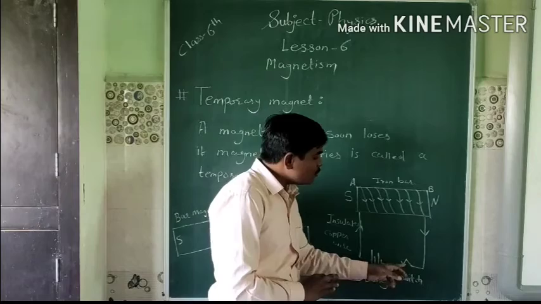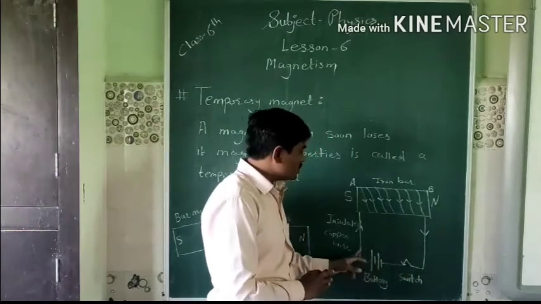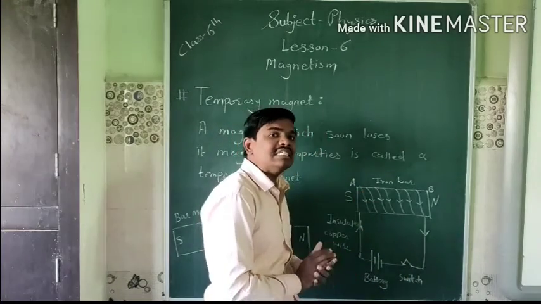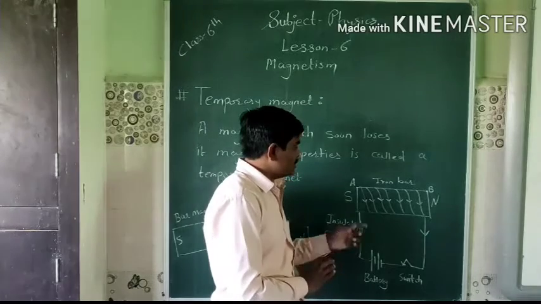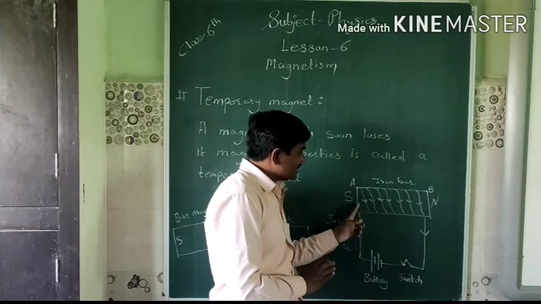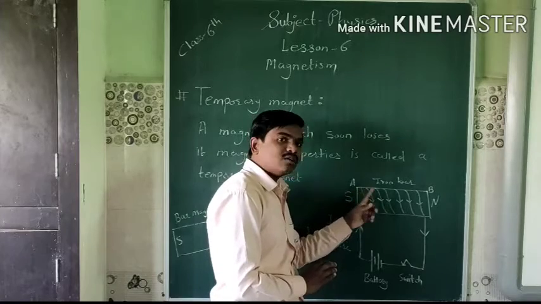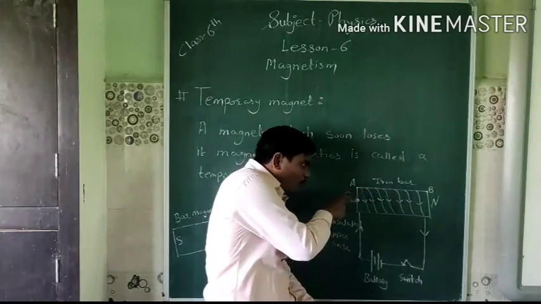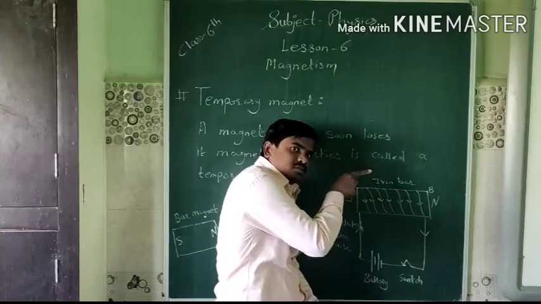So students, when you switch on, the current will pass in the insulated copper wire. The current passes in this direction and moves in the coils in the clockwise direction.